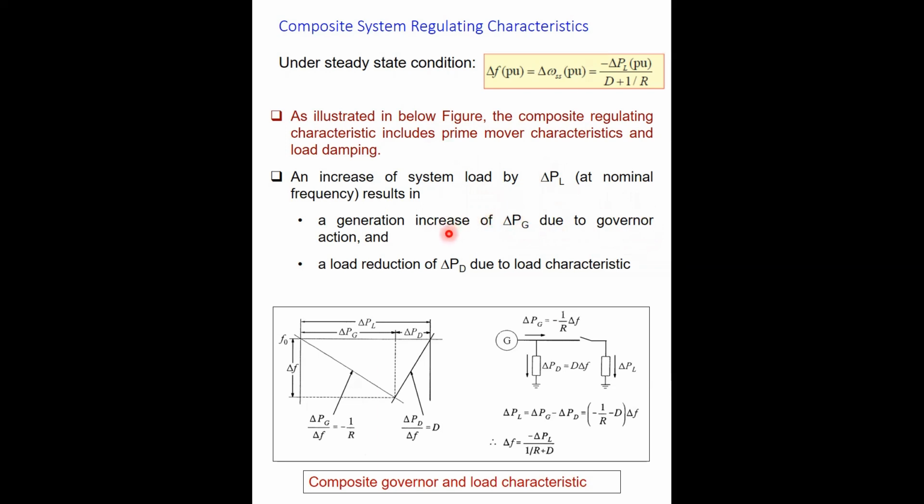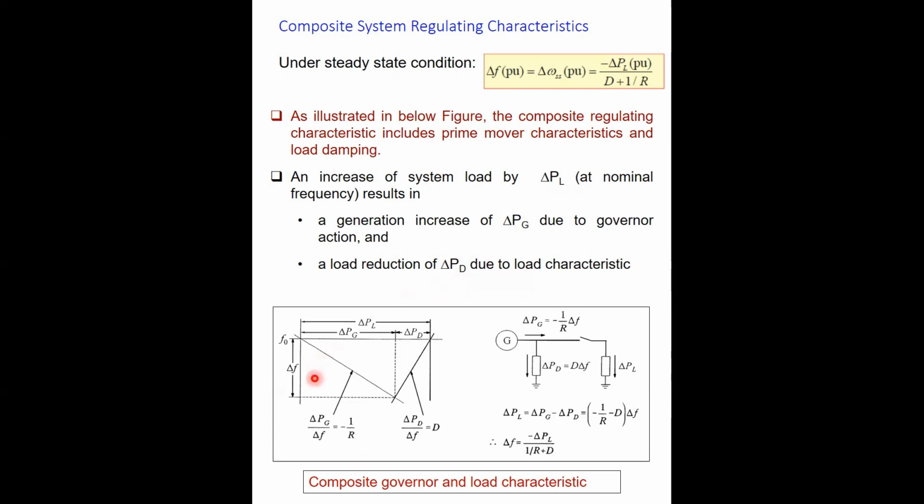But that increase in the power from the generator can be compensated with the load damping effect because of frequency sensitive load, and as a result you have basically reduction in the load and thus the generation from the output of the generator.